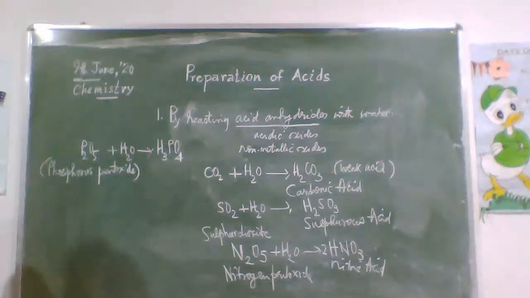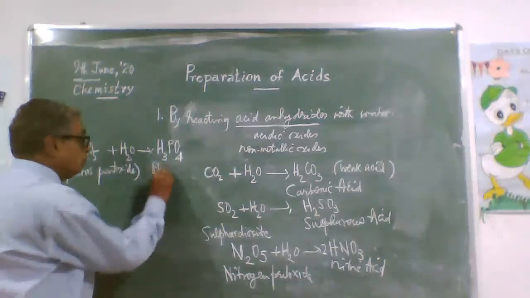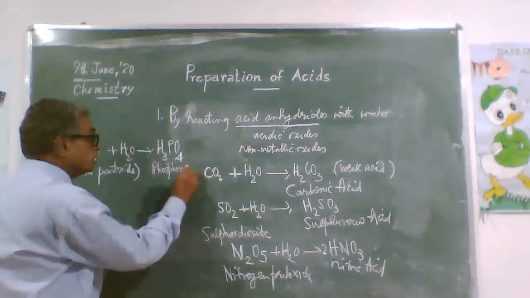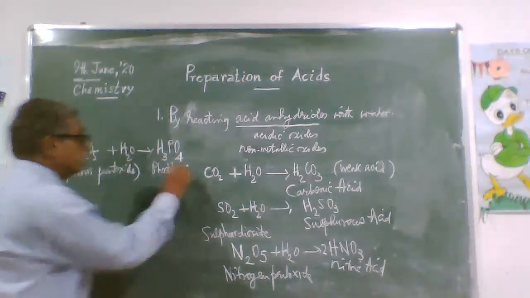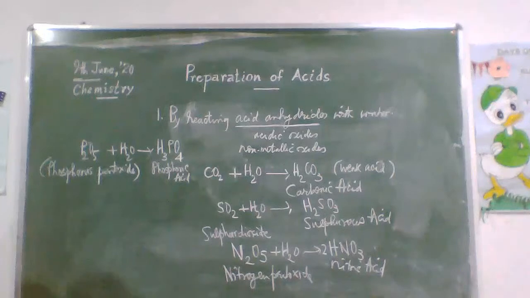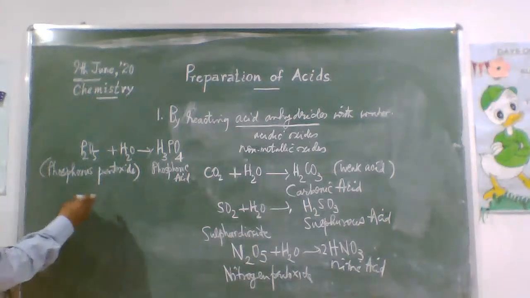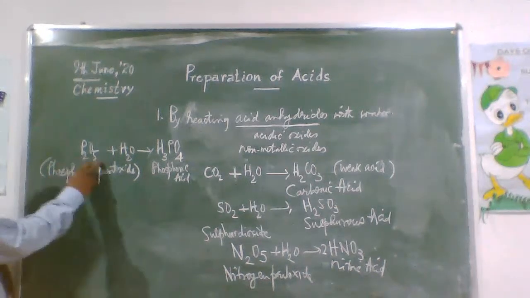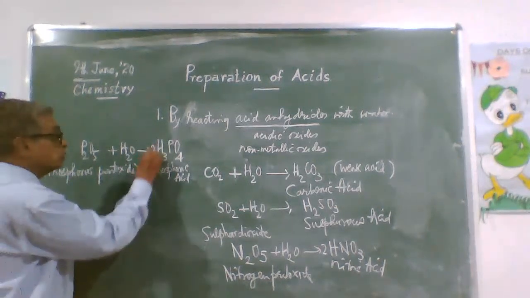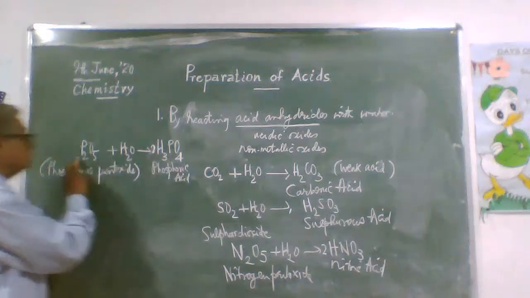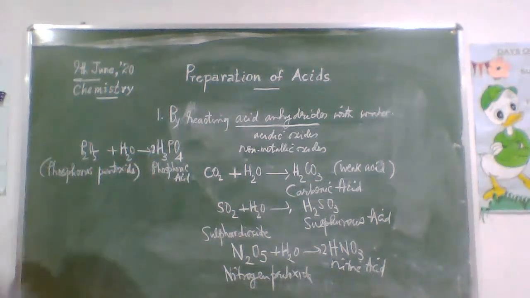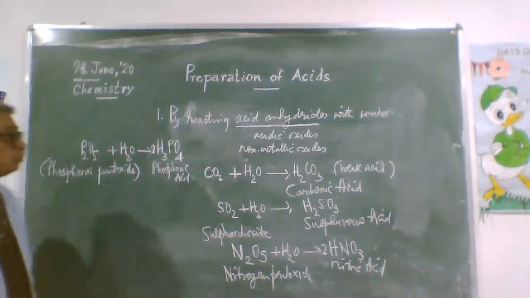H3PO4 is phosphoric acid. Does it balance? You can easily balance it. There is 2P2O5, so it's very clear there should be at least 2 H3PO4, so 2P is accounted for.